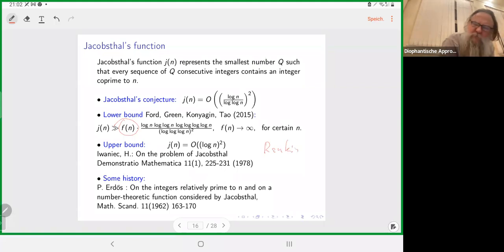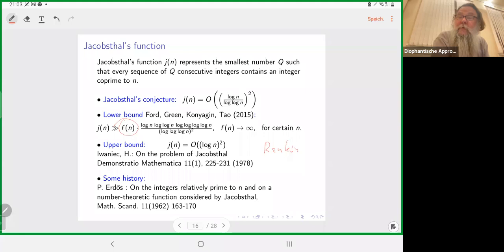The Jacobsthal function is something from the one-dimensional case. In the one-dimensional case, the situation is very difficult, and a lot of serious people are trying to improve upper and lower bounds here, and there is a gap.